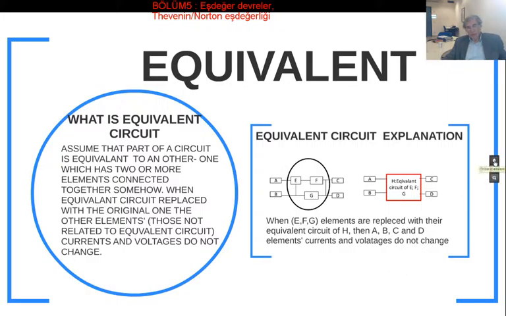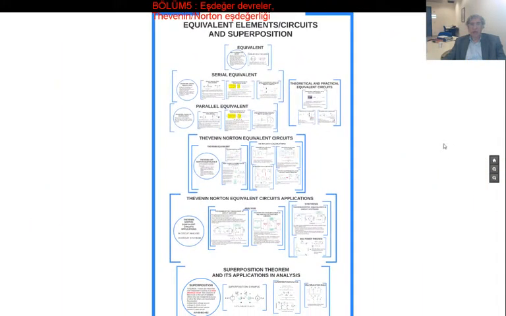So we will be using this concept now for analyzing these circuits. There are some applications. One is the serial equivalence, we're going to use it. Parallel equivalency, we're going to use it in the analysis.